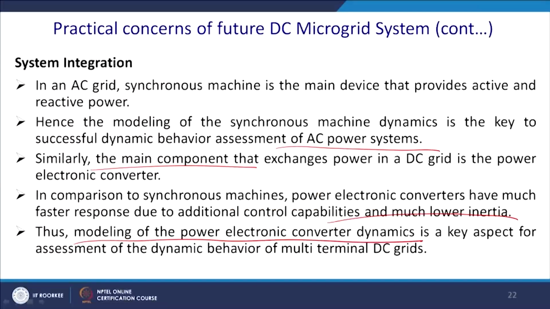That aspect to some extent is bad, low inertia, but fast response definitely gives you more leeway. Thus, the modeling of power electronics converter dynamics is a key aspect for assessment of the dynamic behavior of the multi-terminal DC microgrid, DC or AC microgrid both, it is applicable for AC also.